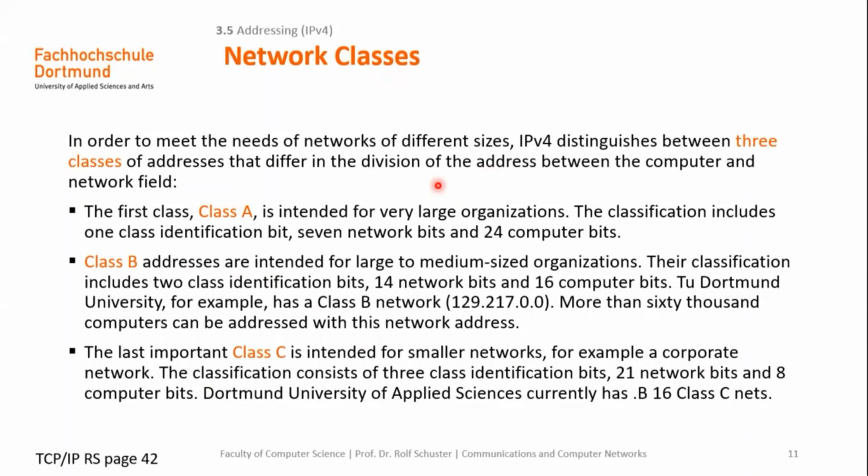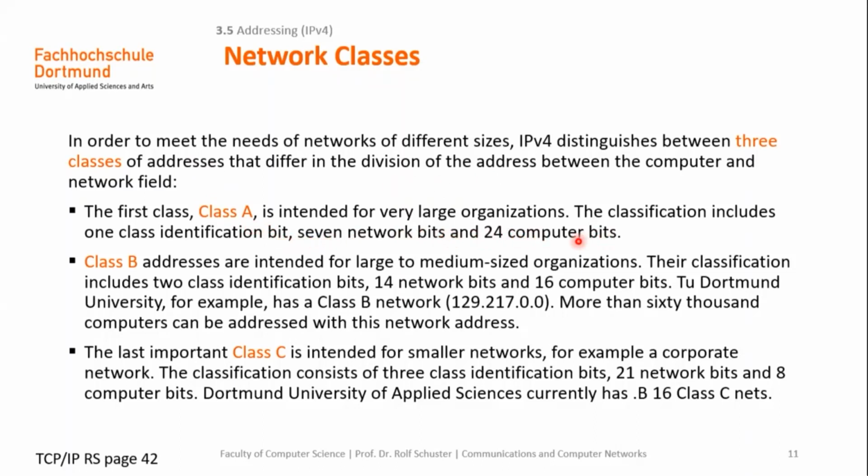Then we classify the addresses into different classes. The first class, class A, is intended for very large organizations. The classification includes only one class identification bit: the most significant bit is 0, with 7 network bits and 24 computer bits.